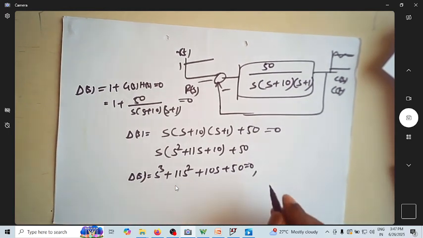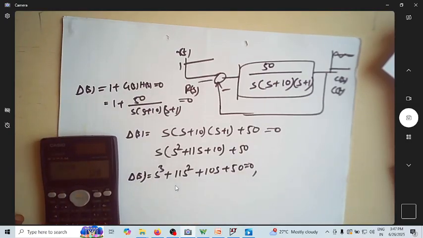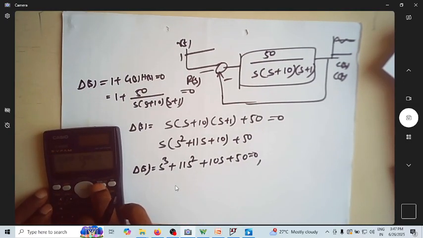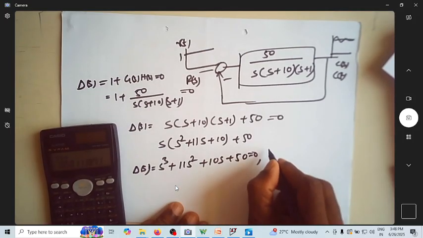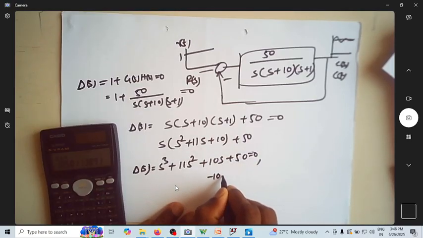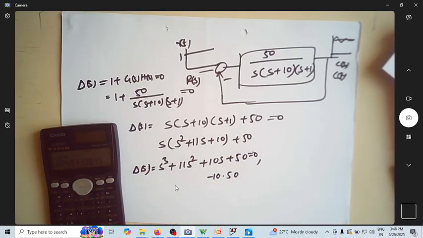Let me find the roots of it. Order 3: coefficients 1, 11, 10, then 50. I have a pole at minus 10.50.